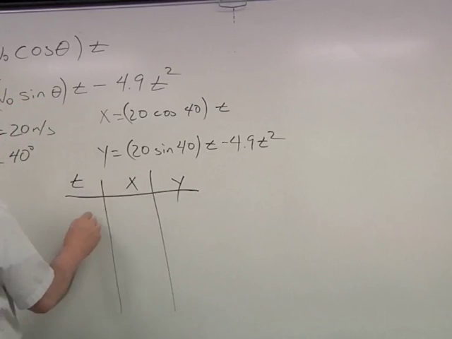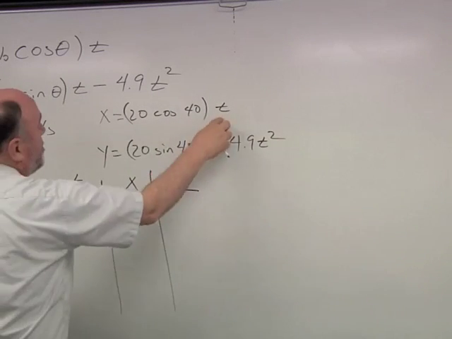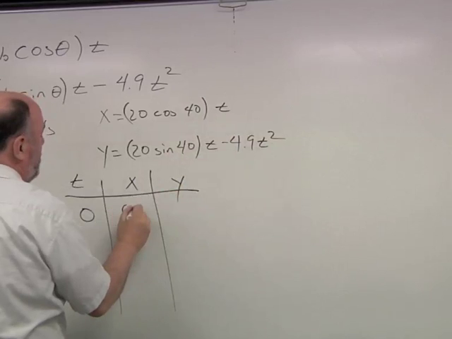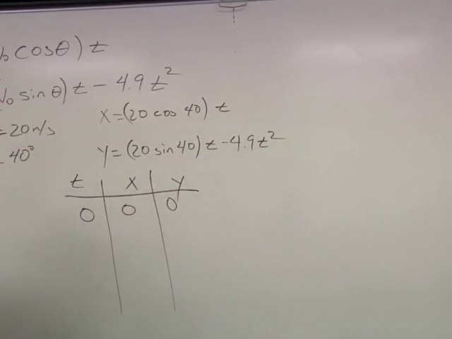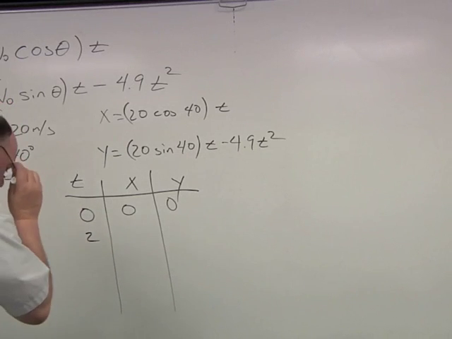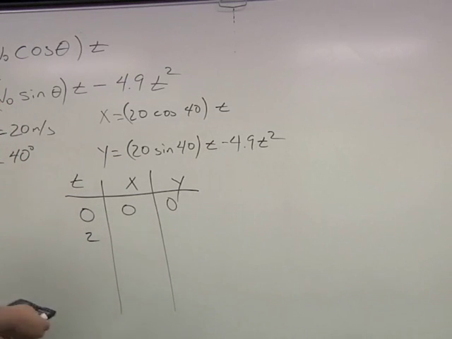So we can get our chart. First one, easy. When t is 0, well then this term will be 0, this term will be 0. So we got our projectile starting at basically ground level. So let's do when t is 2 seconds. In 2 seconds time, we can figure out where our projectile is.